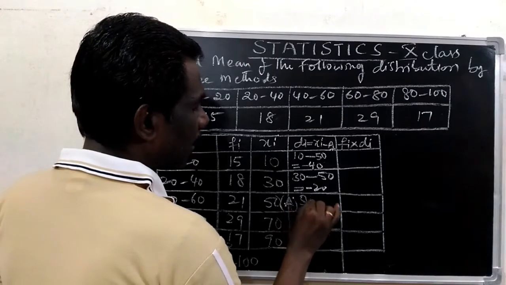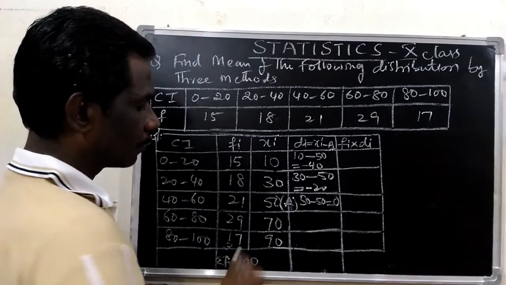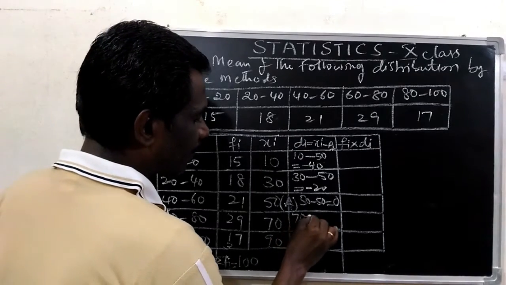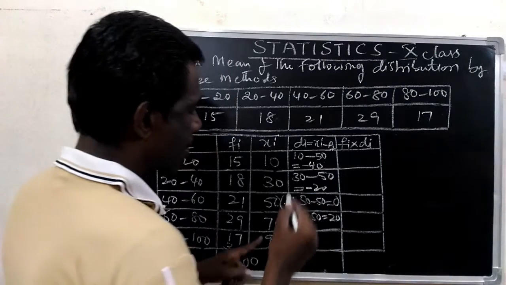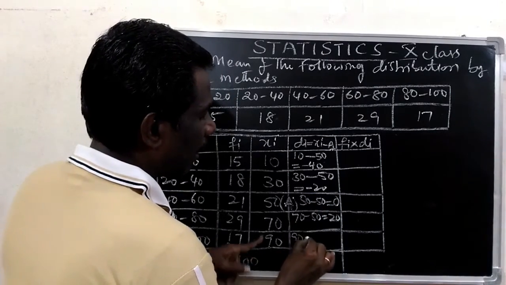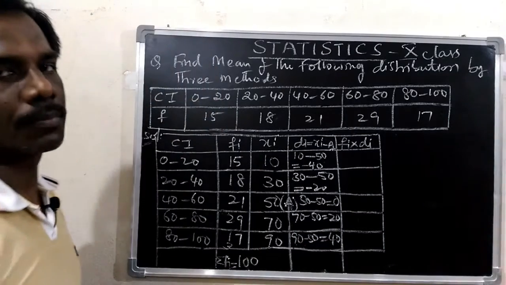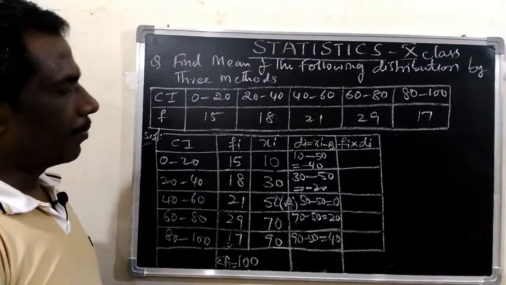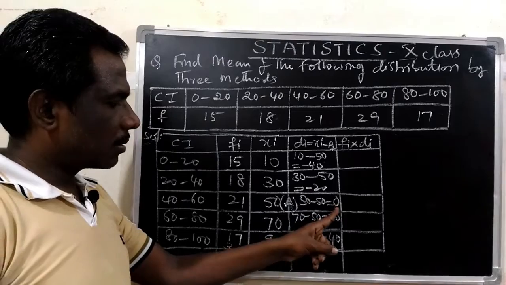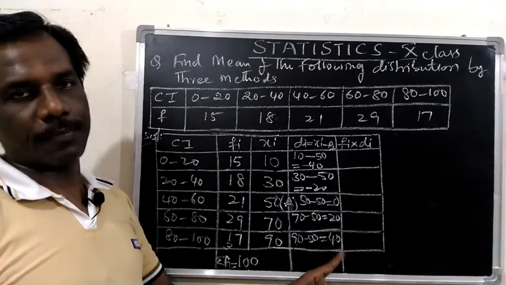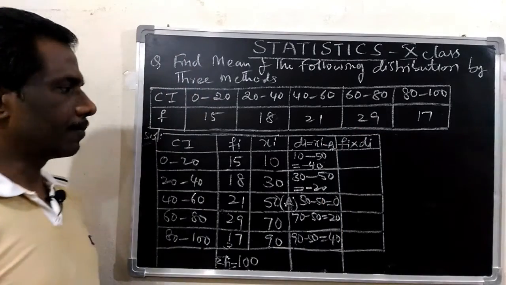Here 50 minus 50 is equal to 0. 70 minus 50 is equal to 20. 90 minus 50 is equal to 40. So we get the d values as minus 40, minus 20, 0, 20, 40. Next we find fi into di.